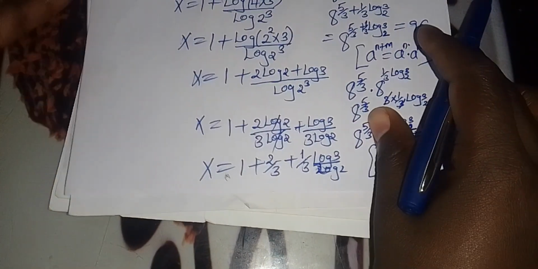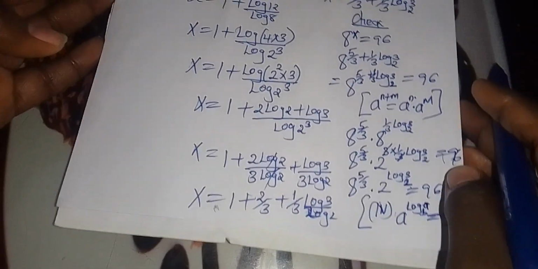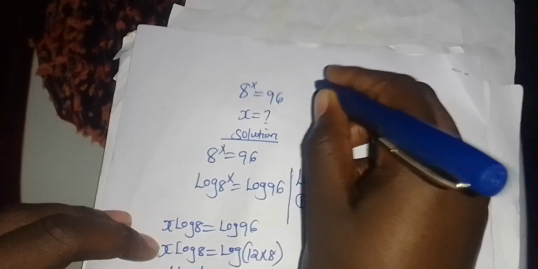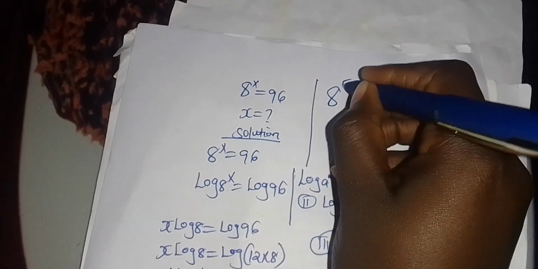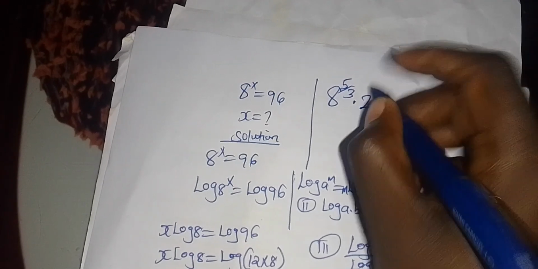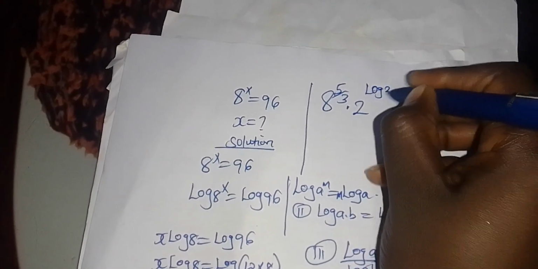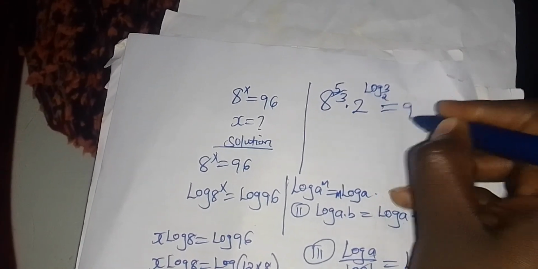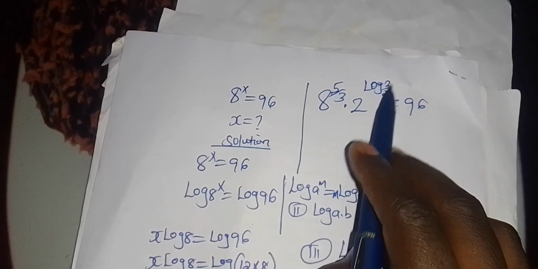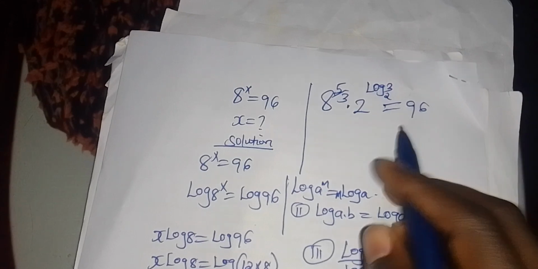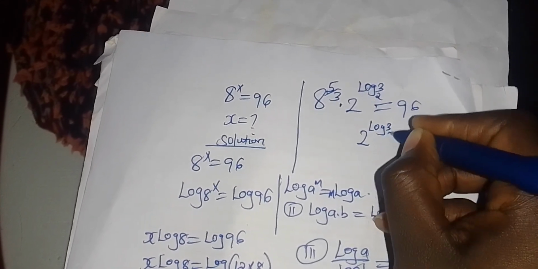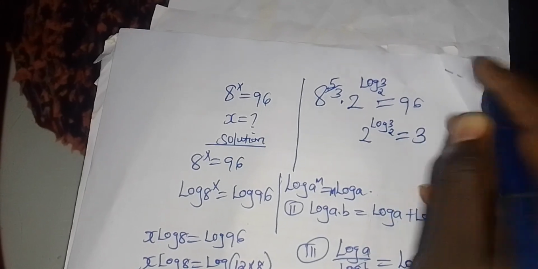So now we have 8 raised to the power 5 over 3 multiplying by 2 raised to the power log 3 to base 2. Remember, this is supposed to give us 96. Now 2 raised to the power log 3 to base 2 is definitely going to give us 3.